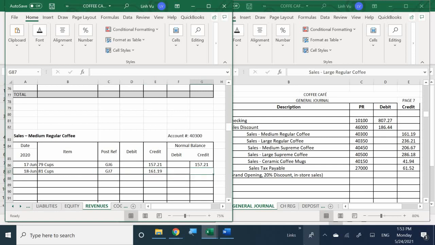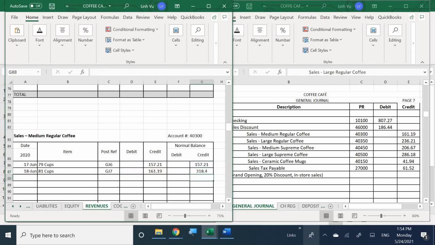So once again, since these are all credits, it's going to be the same formula, except you have to make sure that you select the correct cells. Because we're dealing with a credit, we go up one, plus any credits, minus any debits.